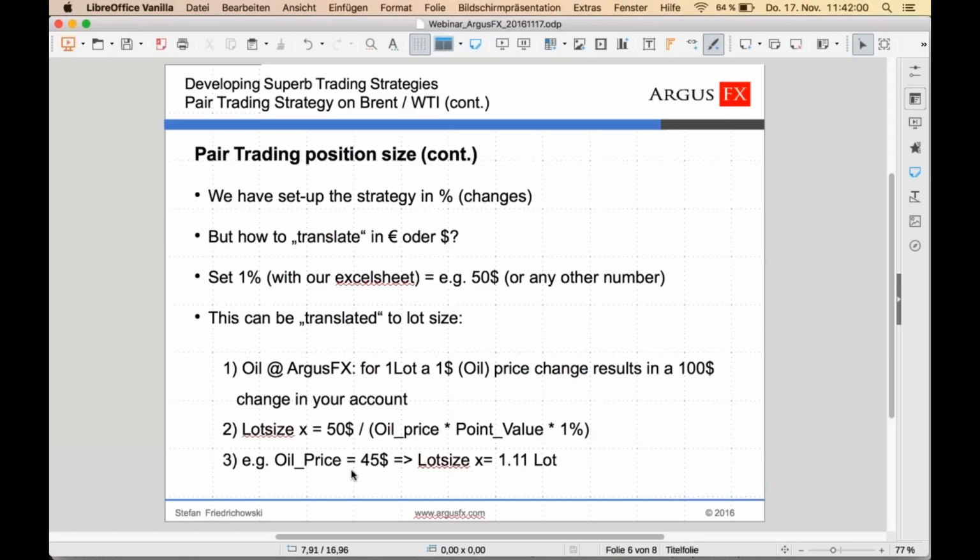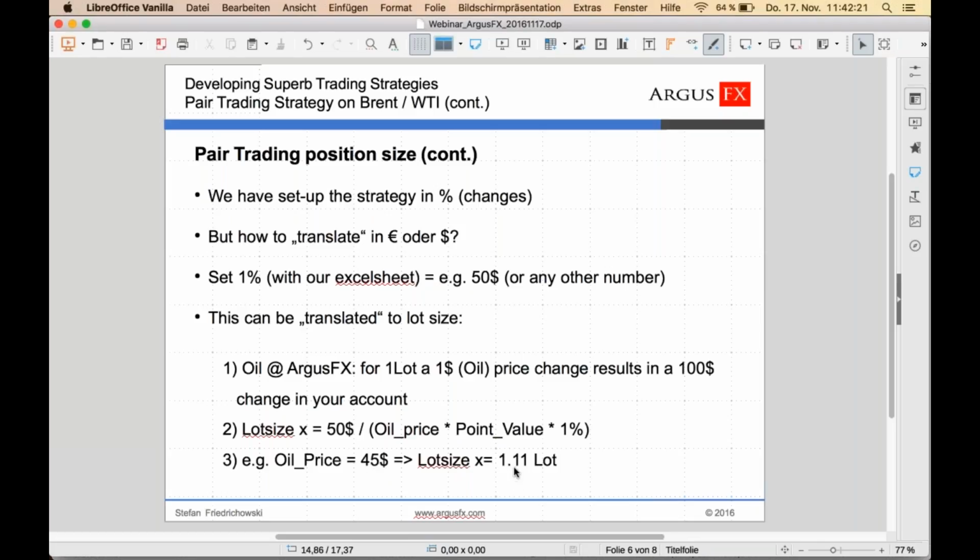So now we know, if I want a 1% change in my underlying to finally equal $50 in my trading account, then I should trade at an oil price of, for example, 45.